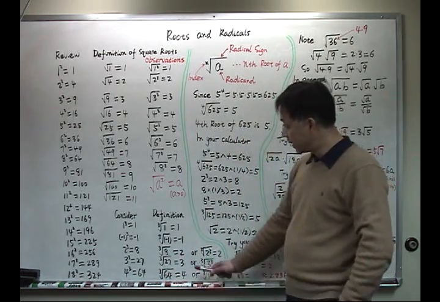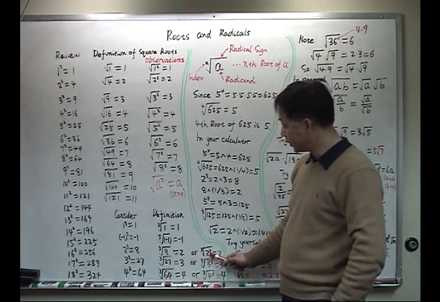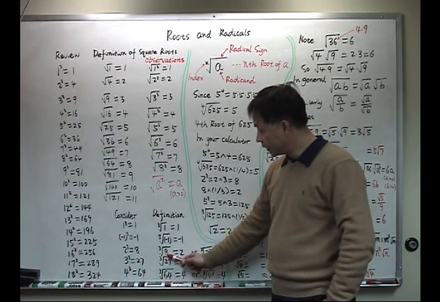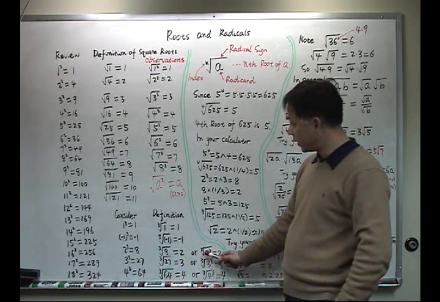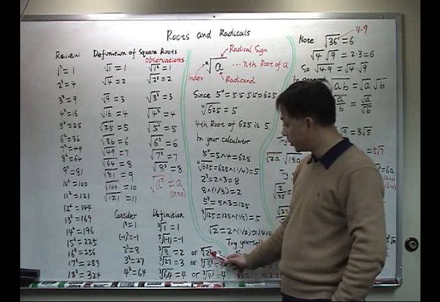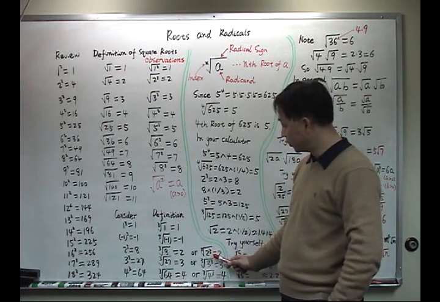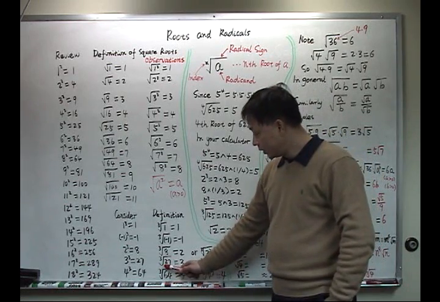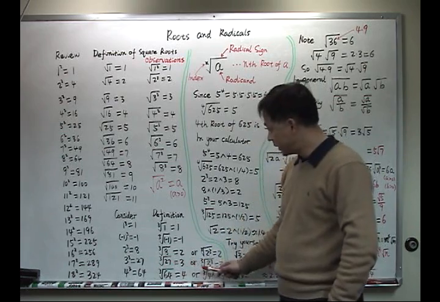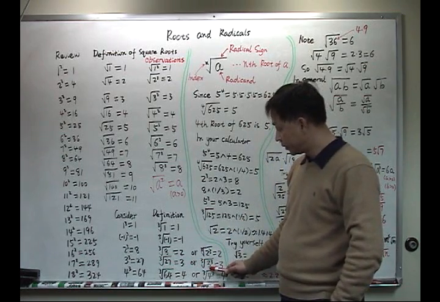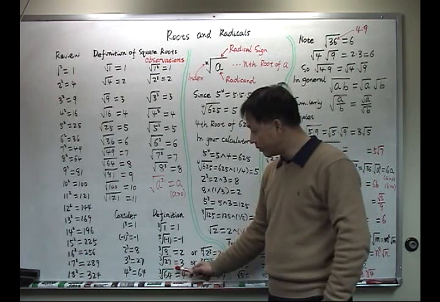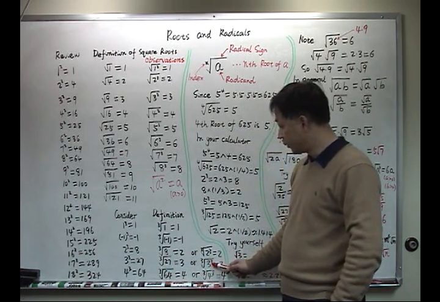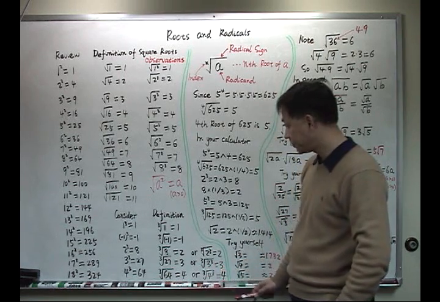Or again, you can write 8 as 2 cubed. So then cube root of 8 is 2 is the same thing as saying cube root of 2 cubed is 2. 27 is 3 cubed, so cube root of 27 is 3 can be written as cube root of 3 cubed is 3.